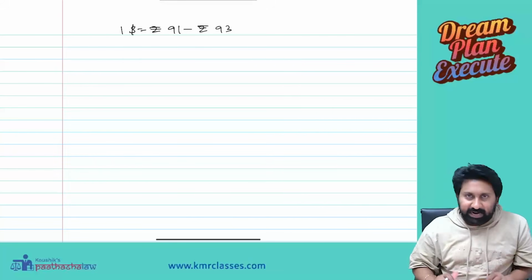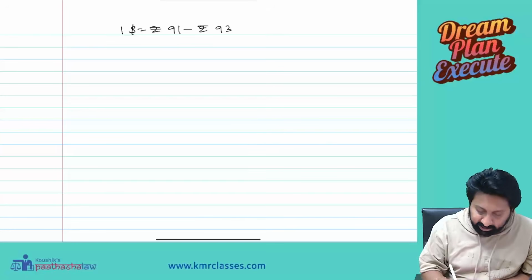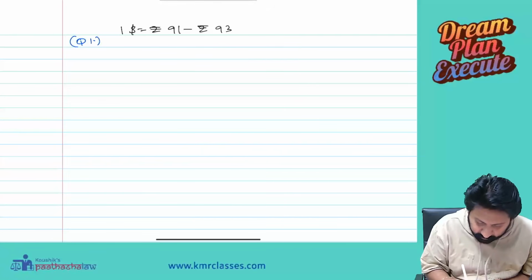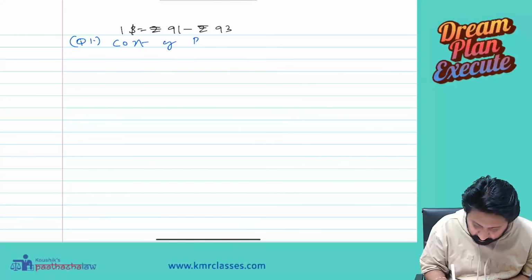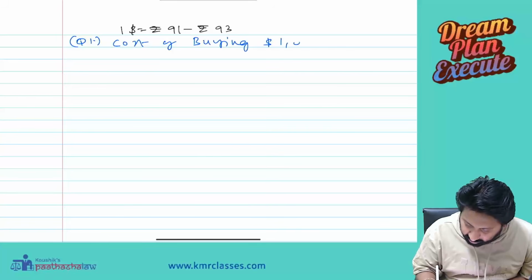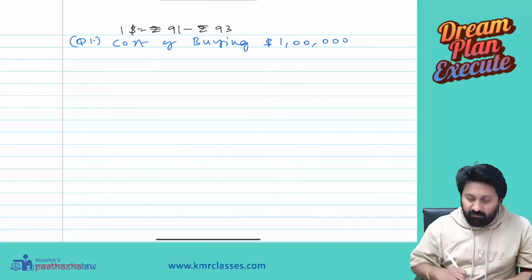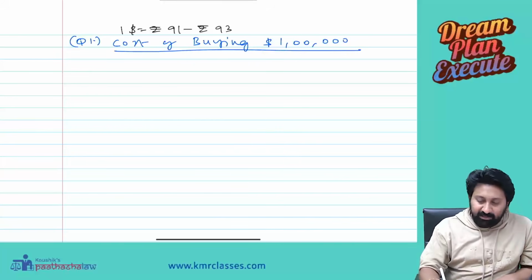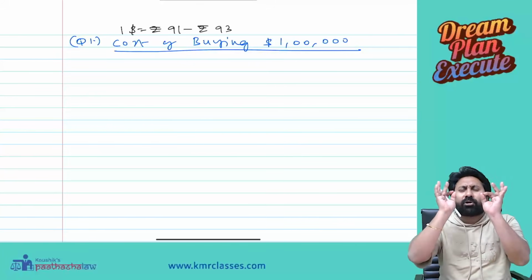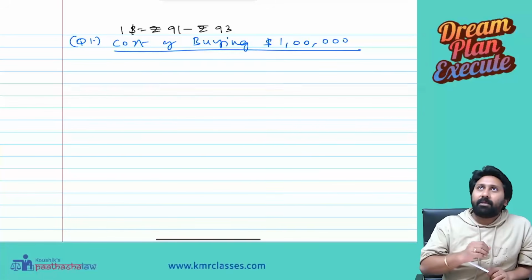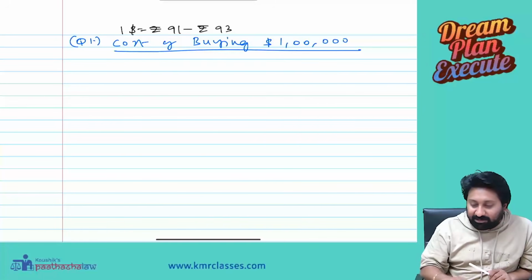$1 equal to rupees 91 dash 93. They will ask a question like this: what is the cost of buying $1 lakh? They will not ask directly in the exam.